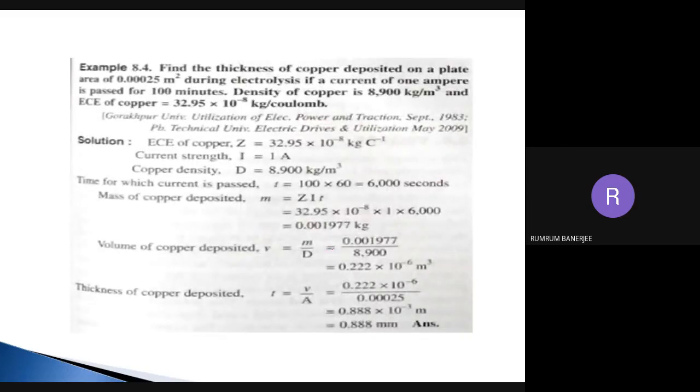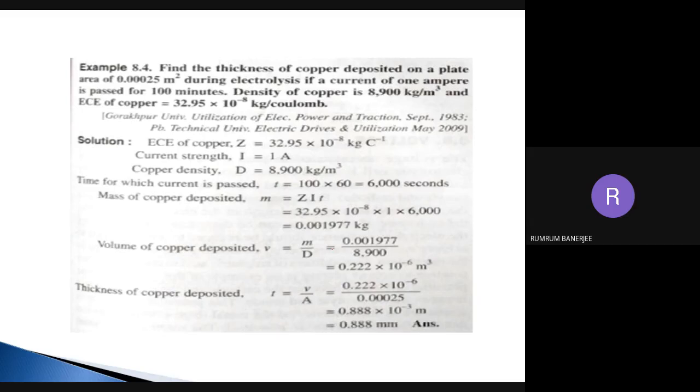Next, we are considering another problem: find the thickness of copper deposited on a plate of area 0.00025 meter square during electrolysis, if a current of 1 ampere is passed for 100 minutes. Density of copper is 8900 kg per meter cube, and the ECE of copper is 32.95 into 10 to the power minus 8 kg per coulomb.